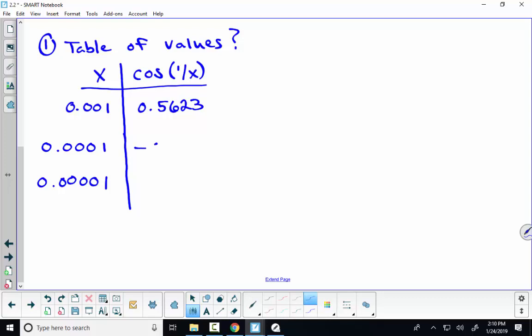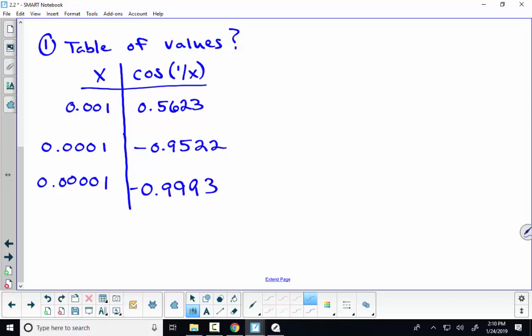Negative 0.9522. And cosine of 1 over 0.00001. Negative 0.9993.